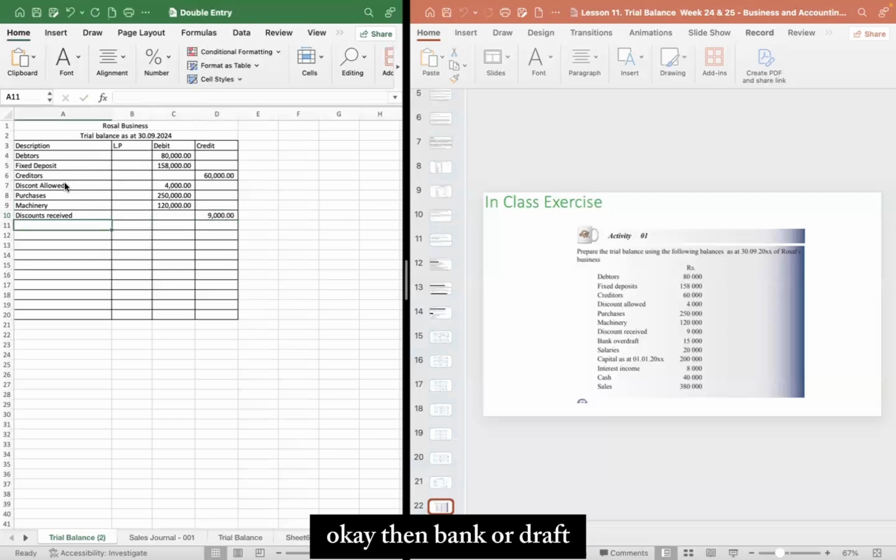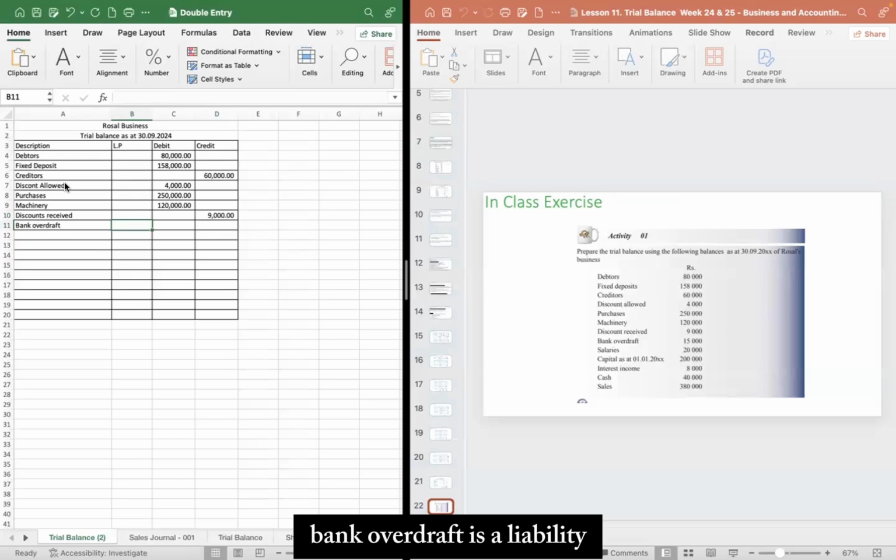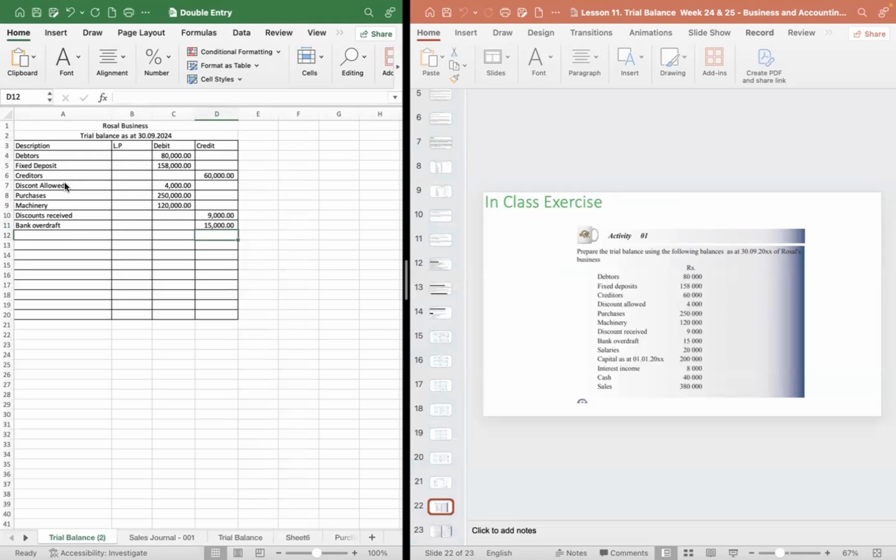Okay. Then bank overdraft. What is bank overdraft? Bank overdraft is a liability, so it carries a credit balance. Salaries. Should it be debited? It's an expense, so it's debit. Capital.